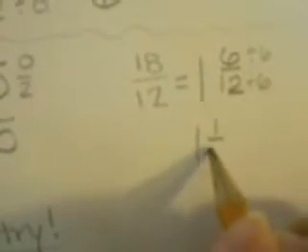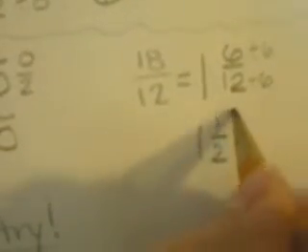And then we do have to simplify our fraction here. Both 6 and 12 can be divided by 6. So 6 divided by 6 is 1. 12 divided by 6 is 2. We can't forget to bring down our big 1, so our final answer is 1 1/2.